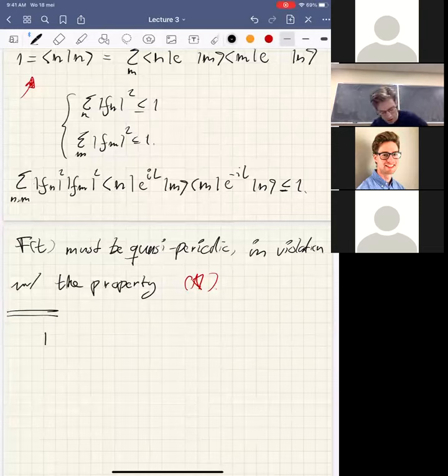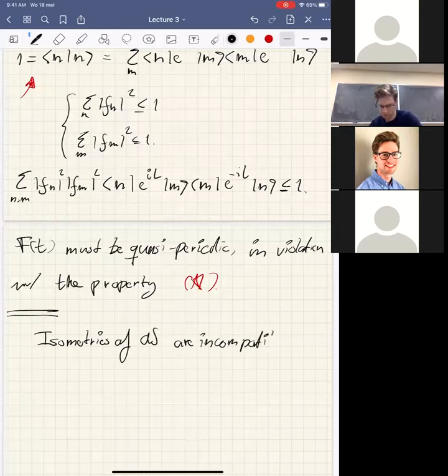But then the conclusion that we arrive at is that the isometries of de Sitter are incompatible with a finite entropy, or maybe more precisely, with a discrete spectrum of energy eigenstates.